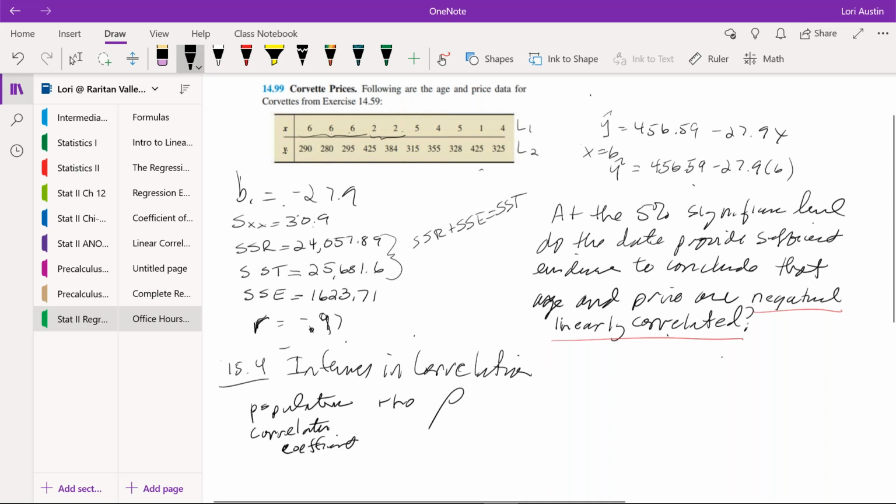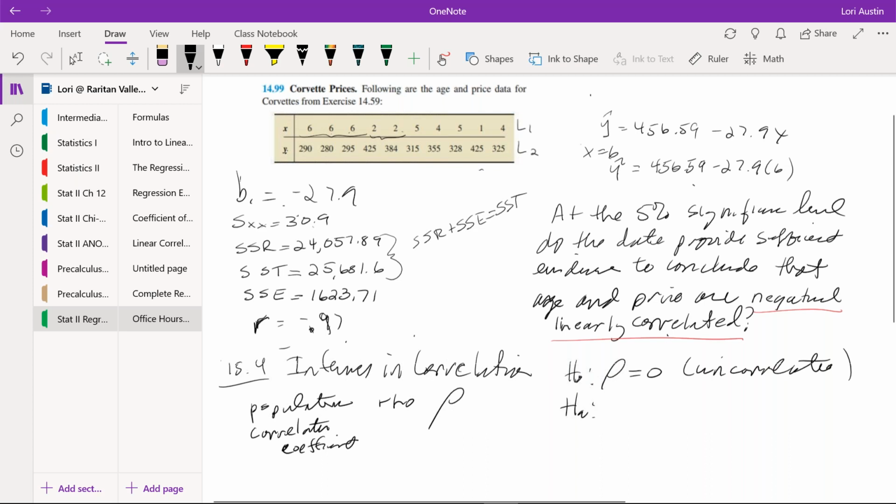So the same idea exists here. When we talk about correlation, if our two variables are completely uncorrelated, rho equals 0. That means absolutely no correlation at all.